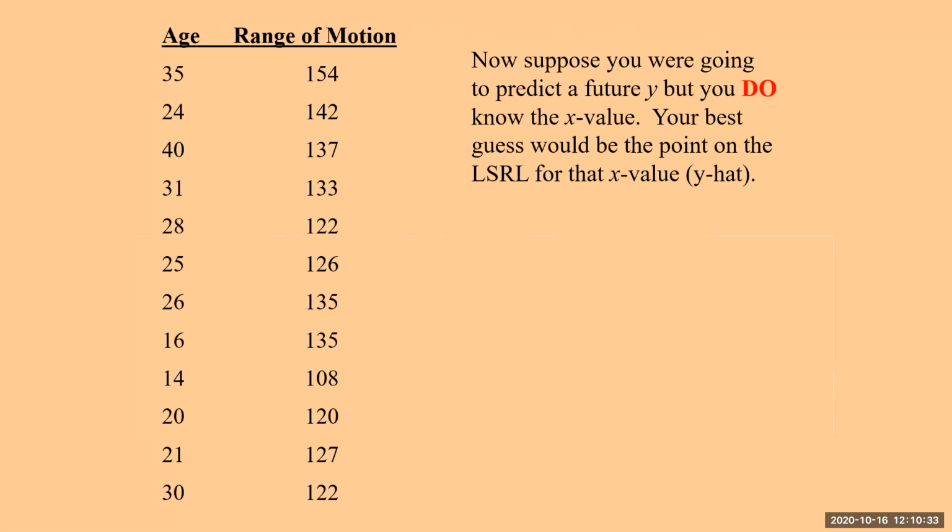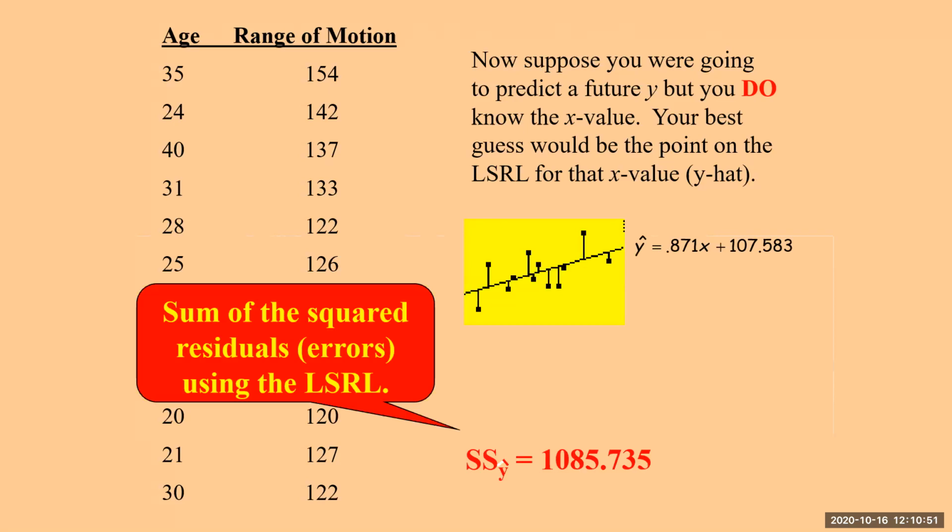Your best guess would be the point on the least squares regression line for that x value, the y hat, the predicted. Again, going back to our scatter plot, we have now done our predicted y hat least squares regression equation. If we calculate the sum of the squared residuals based on the least squares regression line, we get 1085.735.